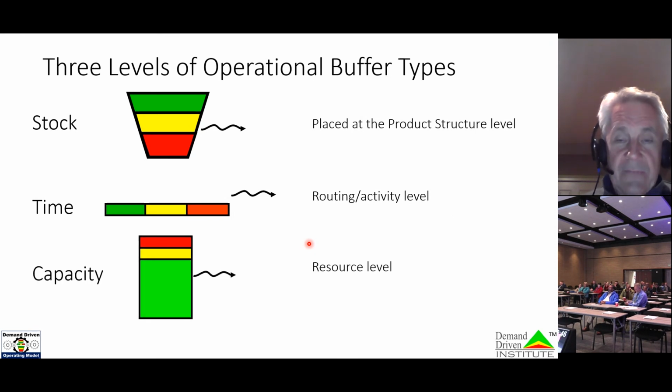And capacity buffers, and this is a different concept for a lot of people who have tried to level load their plants. But the idea in DDOM is to introduce flexibility into our model. Really, what DDOM is all about is creating more agility. Because of those VUCA conditions we're facing, the more flexibility we can build in, the more responsive we'll be to the market, the more we can get the benefits of these demand-driven concepts.